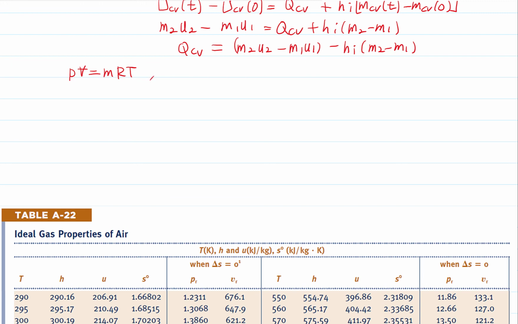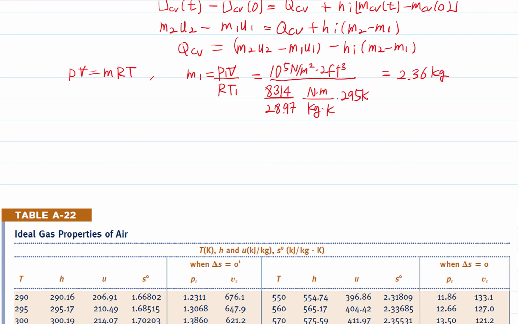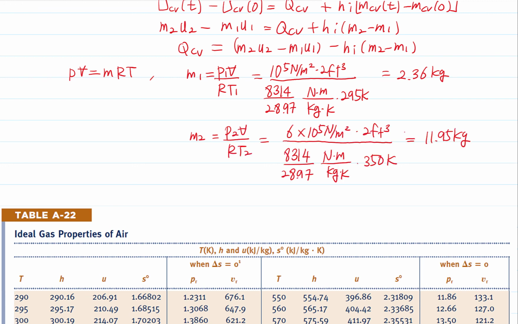So at state 1, m1 is P1 V over R T1. Initially it was at 1 bar. The mass at the final state can also be calculated using the ideal gas law. So the mass at the initial and the final states are calculated.